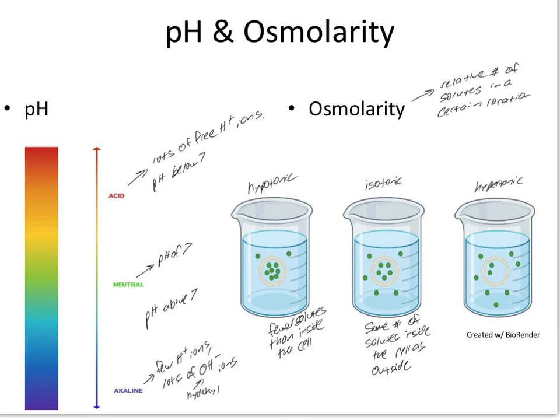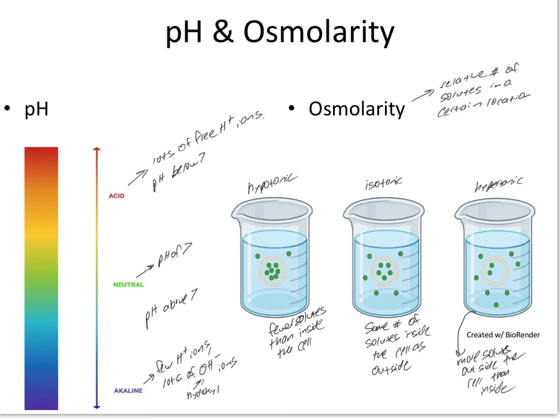A hypertonic solution has more solutes outside the cell than inside the cell. So hyper, that prefix means high. And so when we talk about a hypertonic solution, we have more solutes outside the cell than inside. Sorry, I'm getting to the edge of my iPad case and it's making it hard for me to write a little bit.